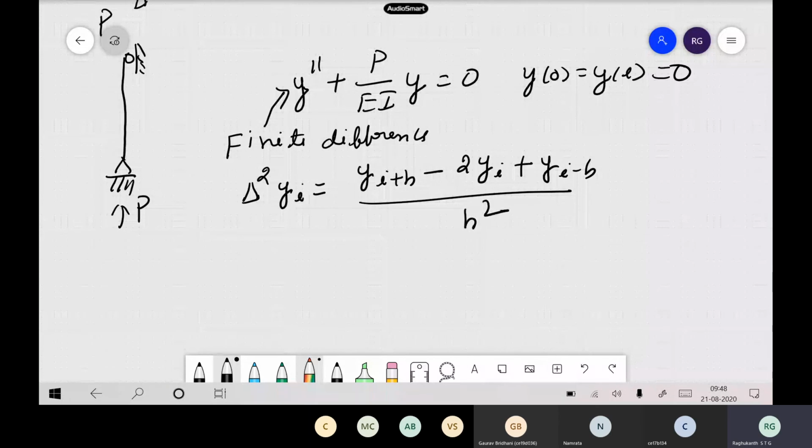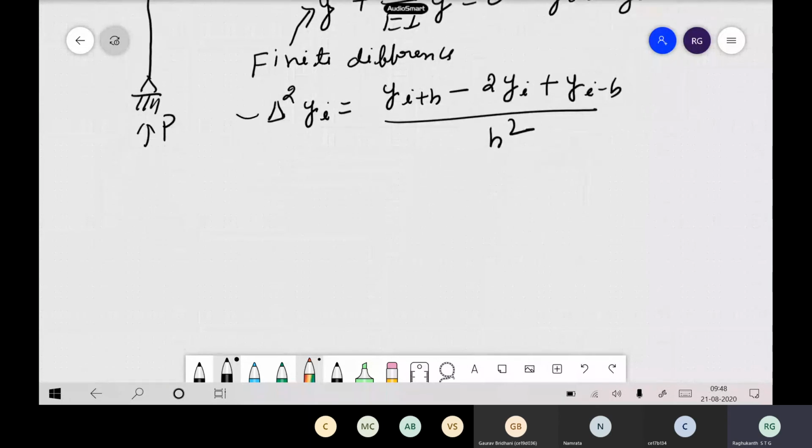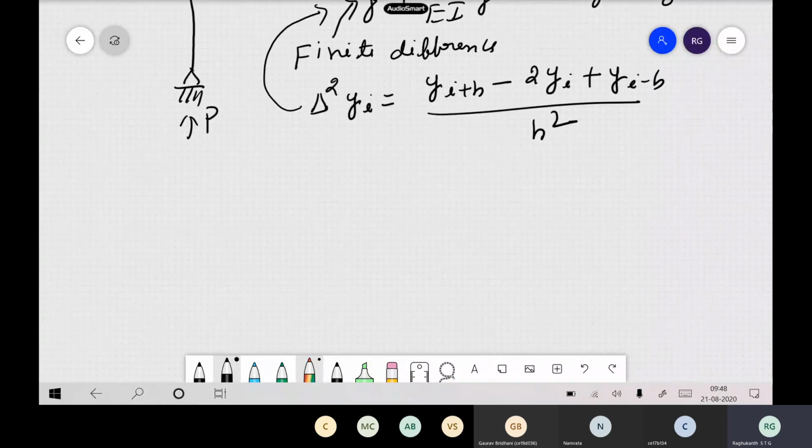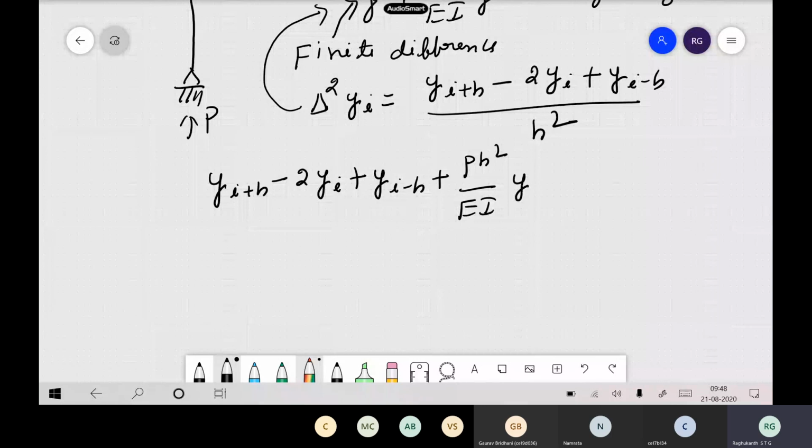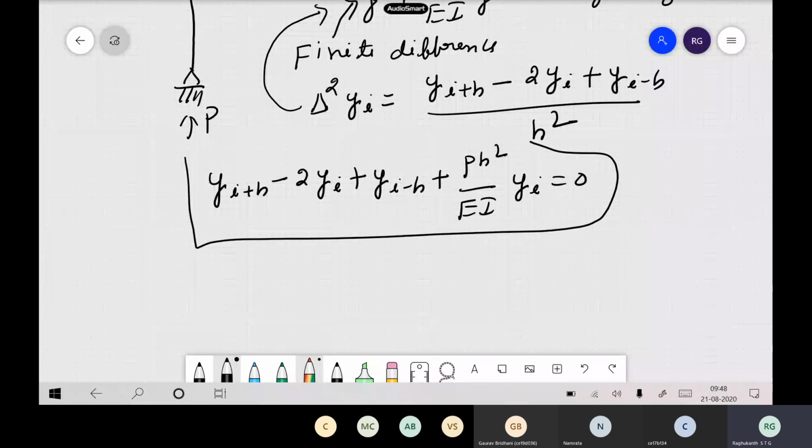So this is our difference equation. Now you substitute this expression: y of i plus h minus 2 times yi plus y of i minus h plus P h square by EI into yi is equal to 0. So this is our finite difference equation for this buckling problem.